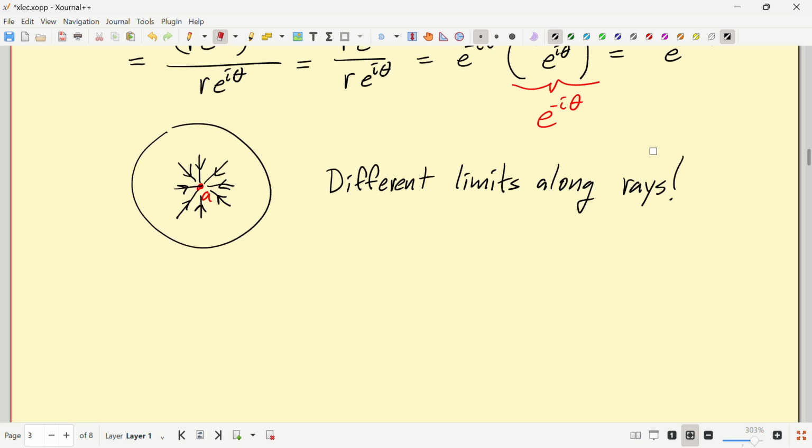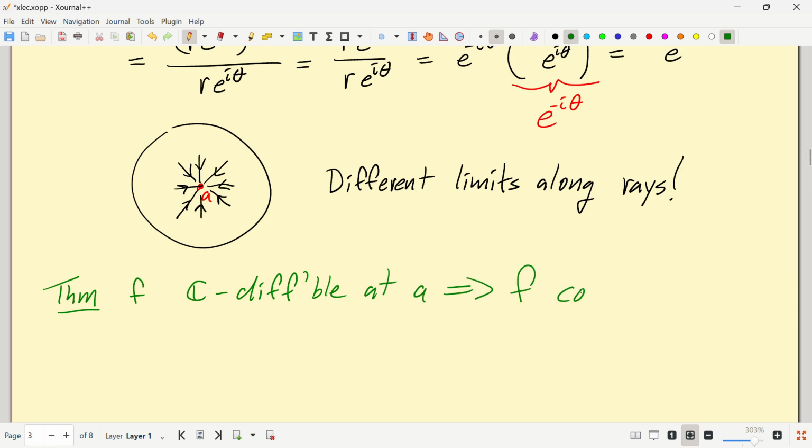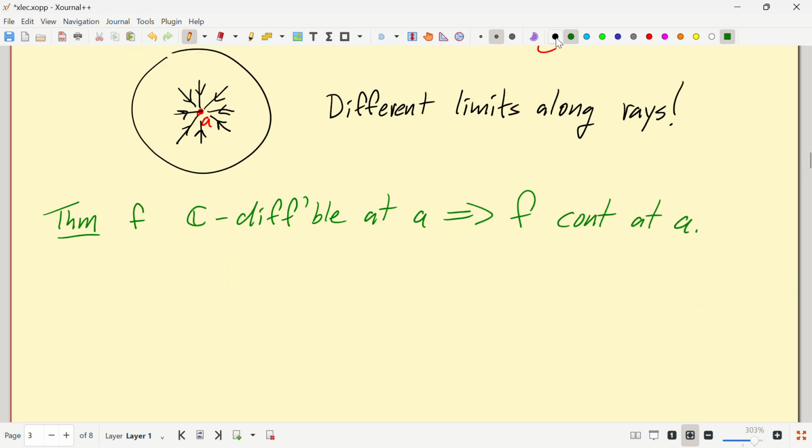Let's see, we're going to need a little theorem here to get out of the way. If a function is complex differentiable at a, it's continuous. So f complex differentiable at a implies f is continuous at a. And the proof you learn in freshman calculus is the proof I'm going to do right now.